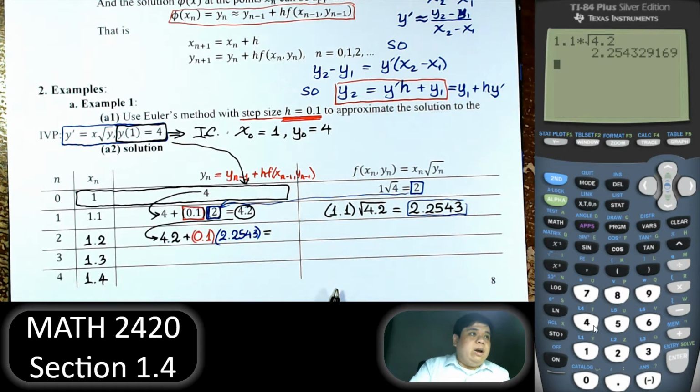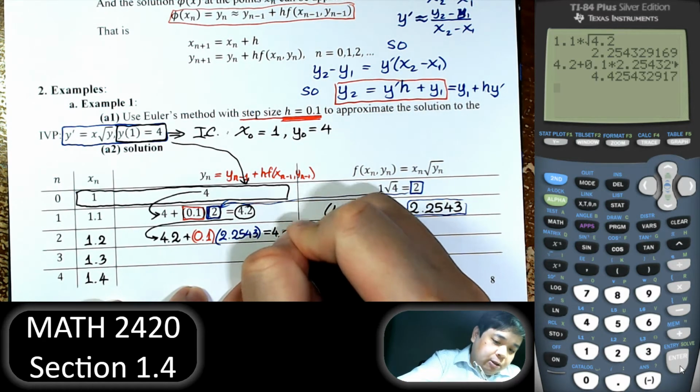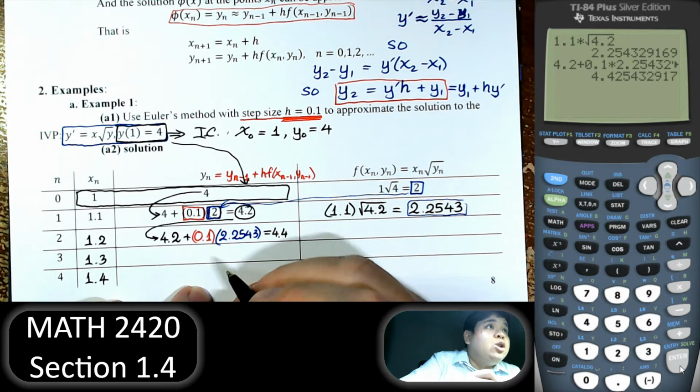So we have 4.2 plus 0.1 times. If you're using the TI-84, you can just go up, highlight that, hit enter. If not, then we have to actually type all of that out. So this is 4.4254.